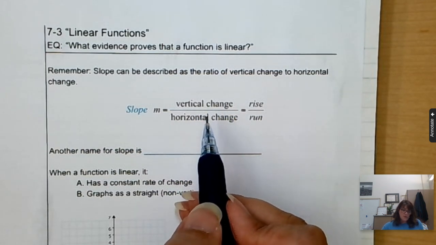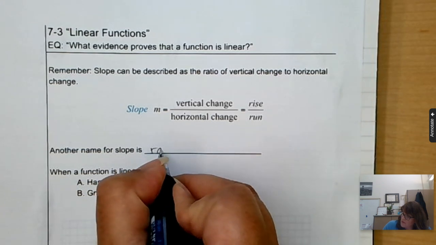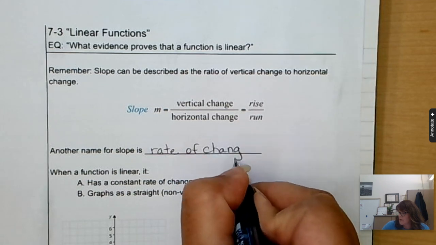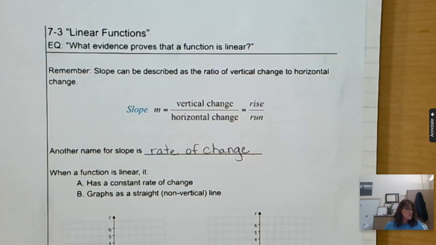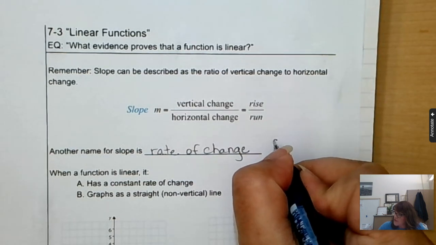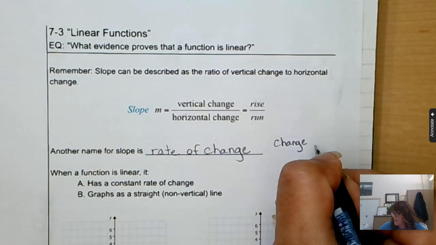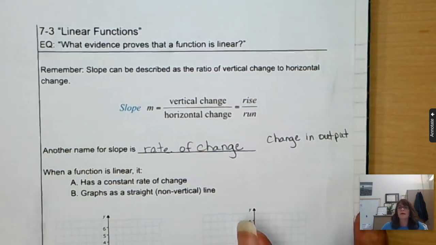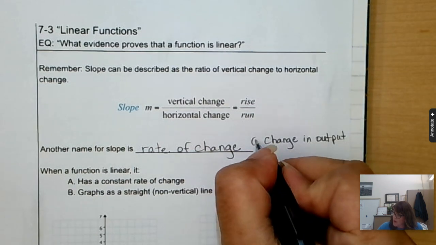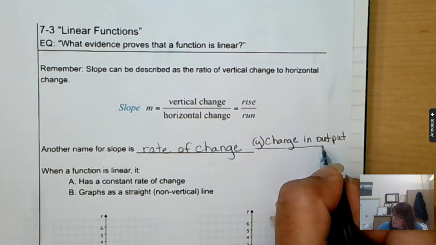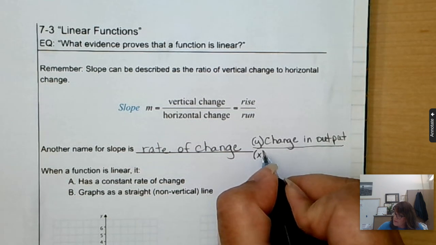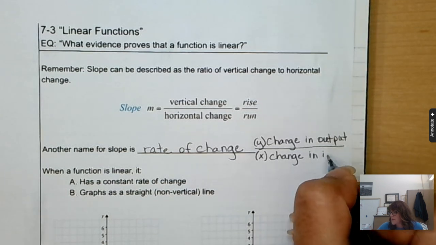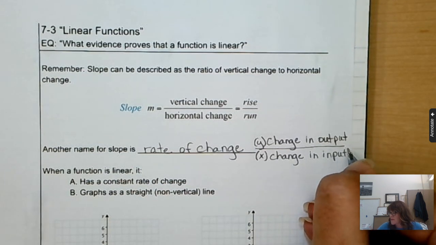Another name we can use for slope is rate of change. Okay? And that can be described as the change in output, and remember, we show output as y, over the change in input, which we show as x.